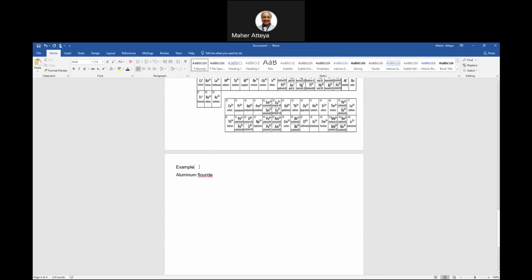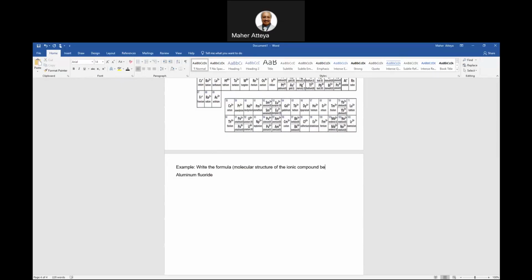Now write the formula, the molecular structure of the ionic compound below.